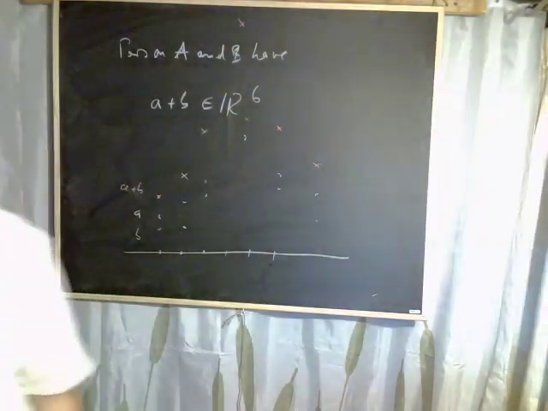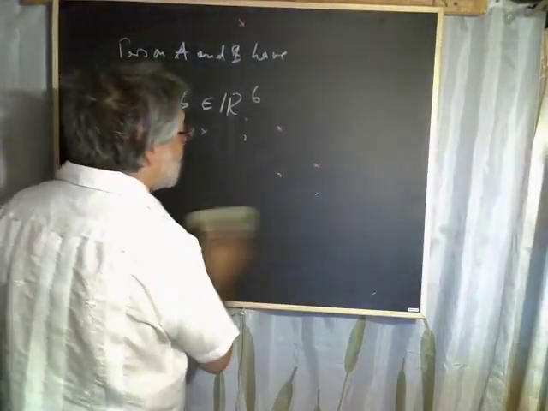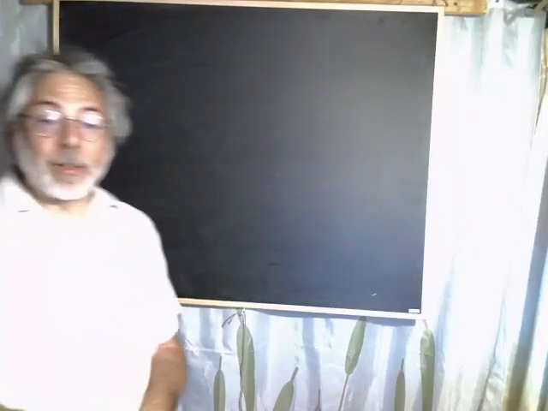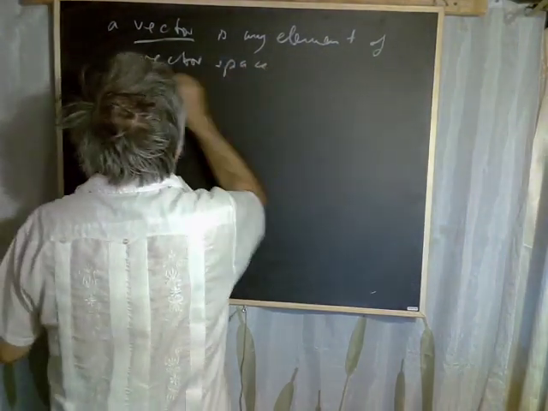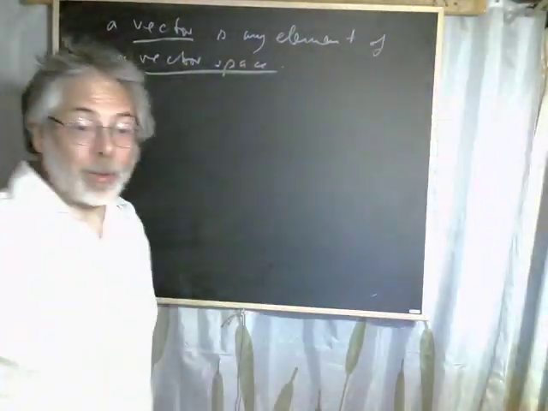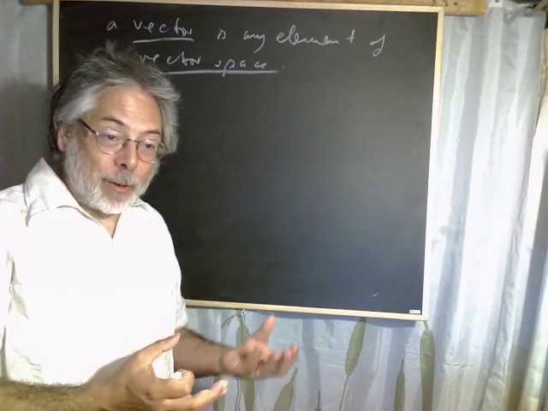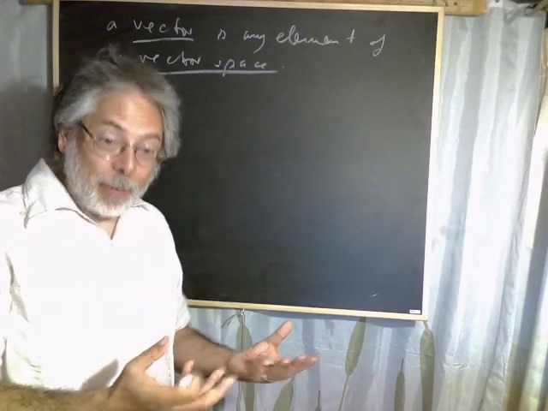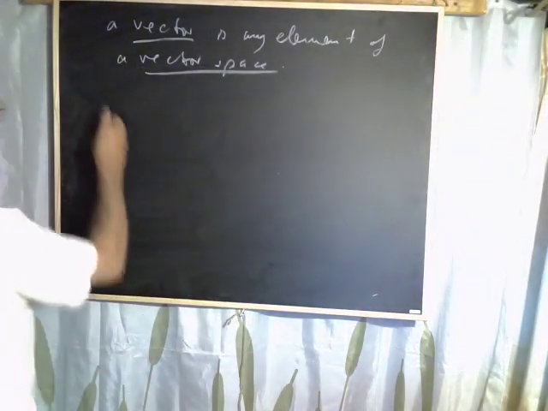So this brings us to the concept of vector space and vector. So a vector is any element of a vector space. So we have to define vector space also. We can take the elements of a vector space, vectors, and we can add them, and we can scale them. So addition is like this.